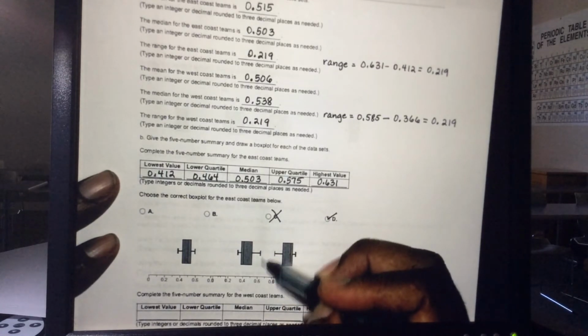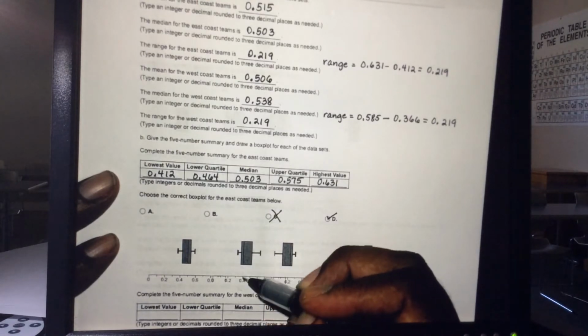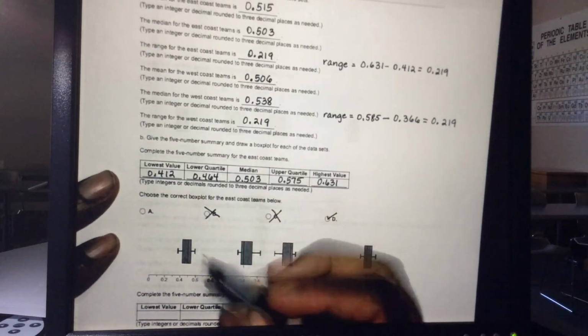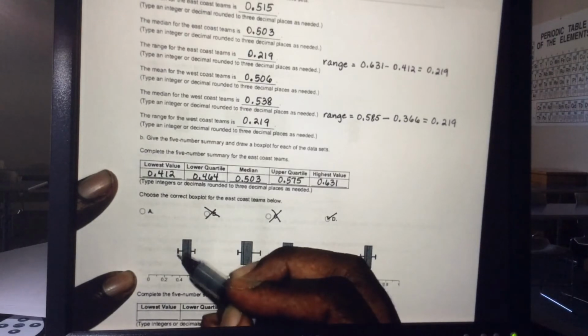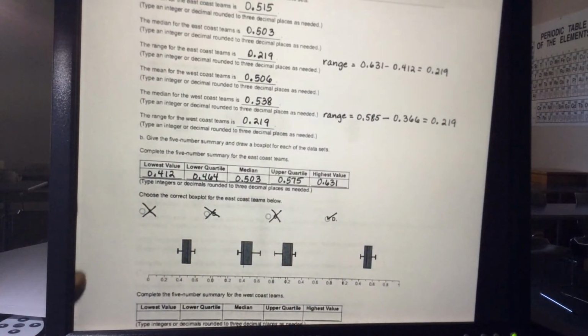And on B, this right here is your median. That's around 0.4. We got 0.503, so that's not it. And A, the lowest value is less than 0.4, and we came up with 0.412. We can eliminate that. Has to be D.